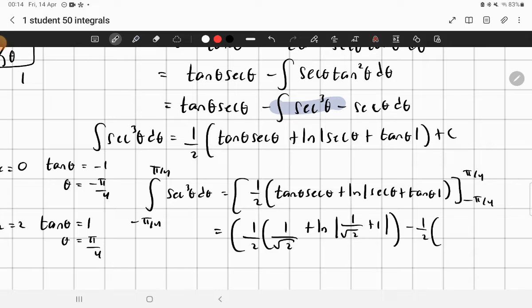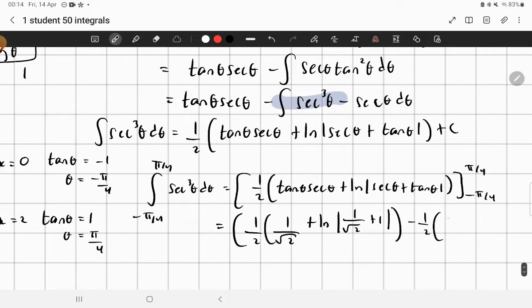I believe cosine is an even function, means that it will be the same, but tangent is not, so this will be -1 over square root of 2 plus ln 1 over square root of 2 minus 1. Okay.